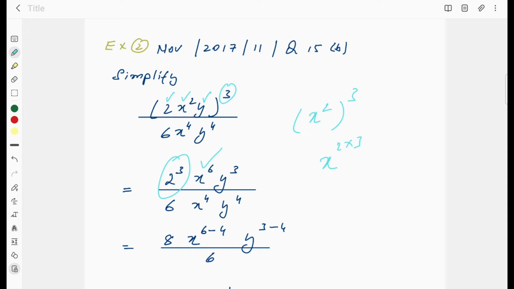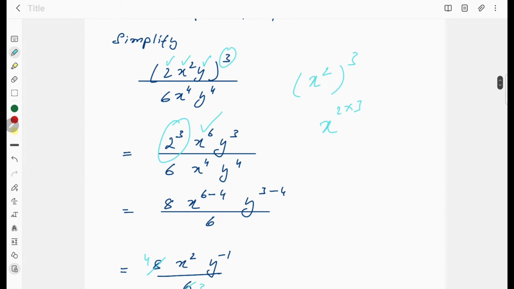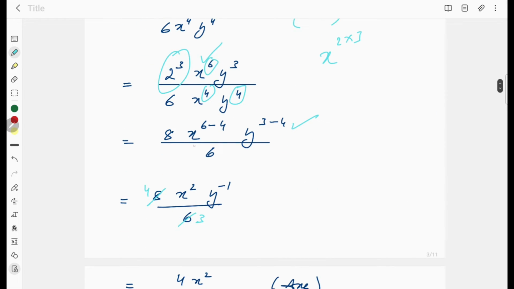Now you can interpret 2 power 3 as 8. Bases are same, so you can simplify this 6 and 4. The denominator power will go up and get changed. Likewise, when bases are same, y power 4 gets simplified. It's 3 minus 4. 2 power 3 is 8, and x raised to the power 6 minus 4 will become x squared. 3 minus 4 will become minus 1.